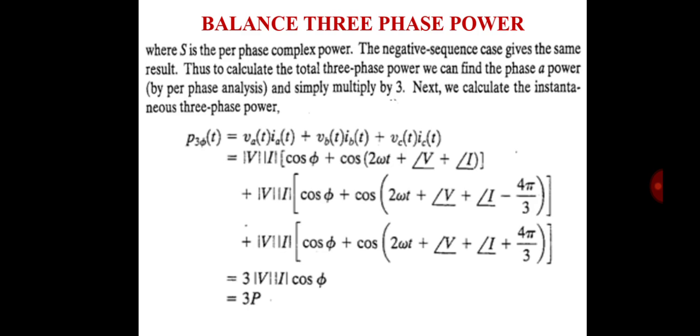And VC and IC: V and I common, in the bracket cos φ plus cos(2ωt plus angle V plus angle I plus 4π/3). So here the equation becomes 3VI cos φ. Here VI cos φ is P. So P three-phase of t is equal to 3P.